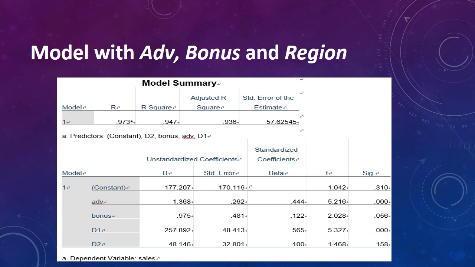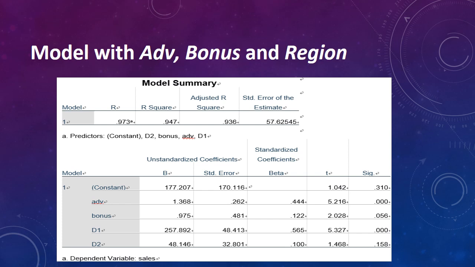Let's run another regression model with advertising, bonus, D1, and D2. As we can see, the adjusted R-square is increased and the regression standard error is reduced.